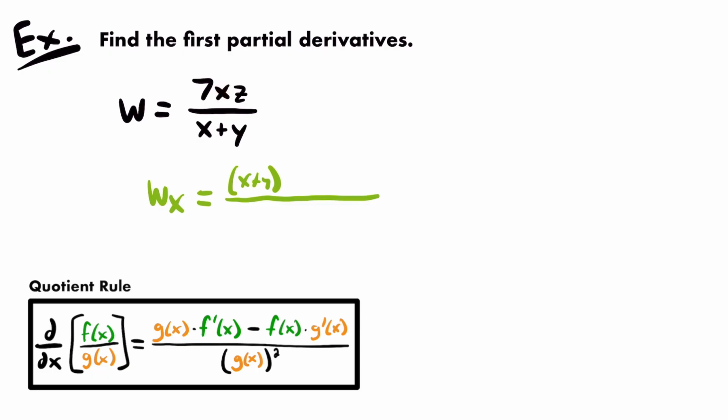So you just remove that x, and you're left with 7z, and then we'll subtract the top function, which is 7xz, multiplied by the derivative of the denominator. And the derivative of x is 1, and the derivative of y is 0 because we're treating y as a constant. So we're just multiplying by 1. Okay, so really I didn't need to draw that much of a line there. But then in the denominator, we'll just have this denominator squared. So we have x plus y squared.